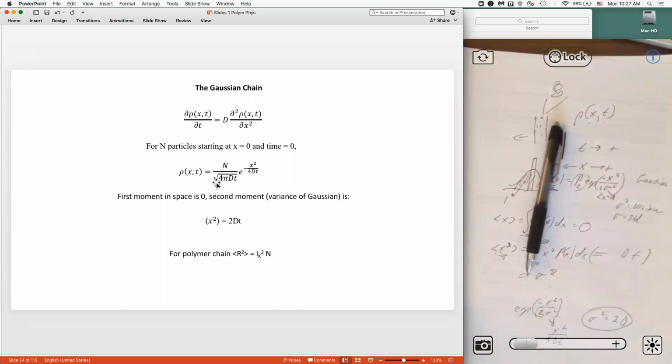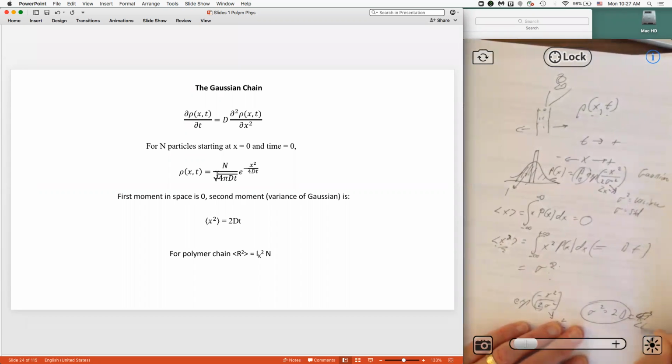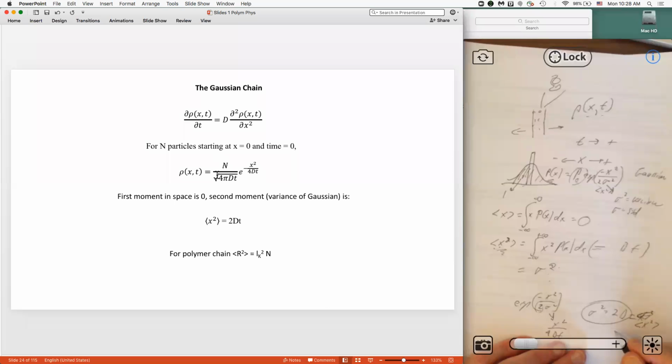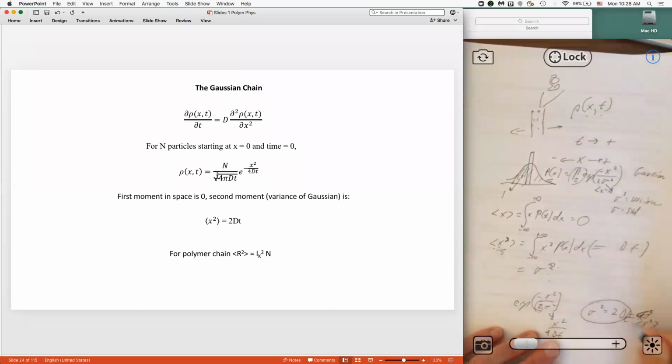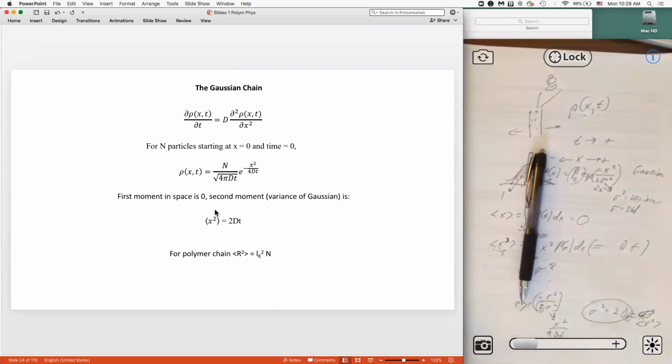So the variance is the same thing as this second moment, the average of x squared. This is 2D. Oops, where did I say this? Variance is 2Dt. There's a t in there. And so basically that's the diffusion equation.